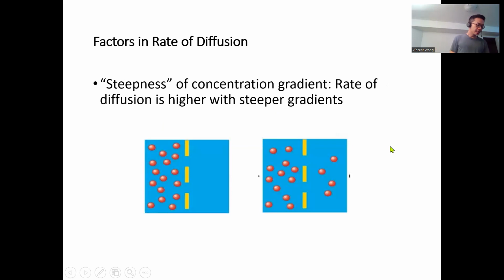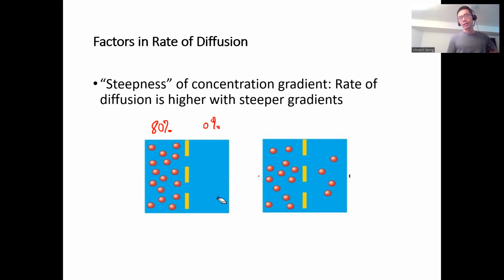Next one is the steepness of the concentration gradient. Remember, gradient just means the difference between the two areas. If the difference is greater, then the diffusion will happen faster. So let's say here we have a lot of solute, a lot of salt. Let's say this is 80% concentrated, and over here it's like 0%.